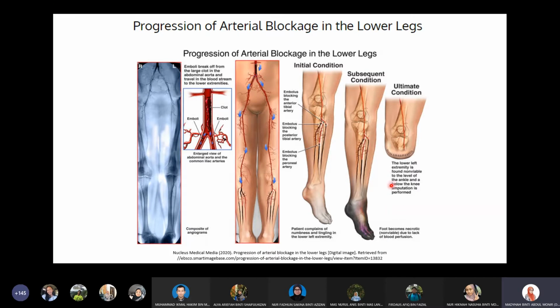This is what we call below knee amputation. You amputate below the knee level. This is usually done by the orthopedic department. So that will happen when there is blockage or arterial thromboembolism in the lower limb.